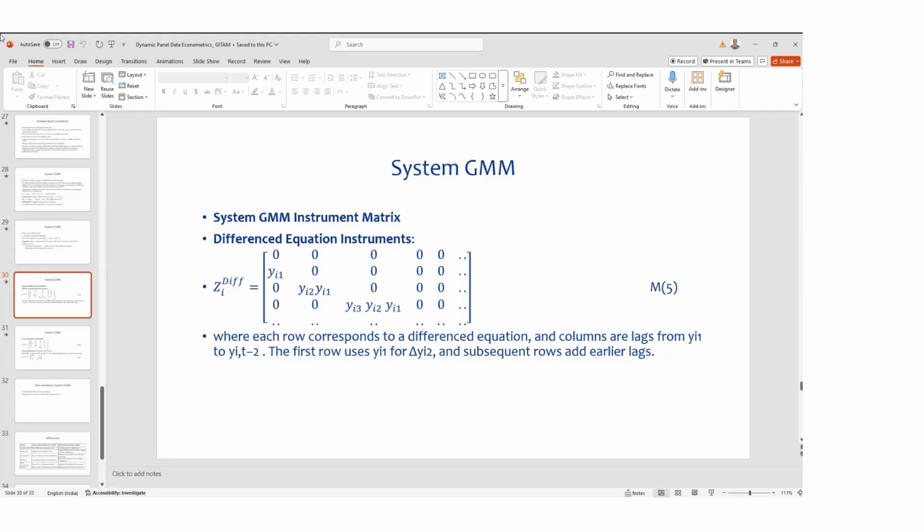Okay. So it all depends on how you are going to treat those instruments. These models tell you different ways of creating the instruments that will overcome the endogeneity issues. This is what I'm trying to tell.